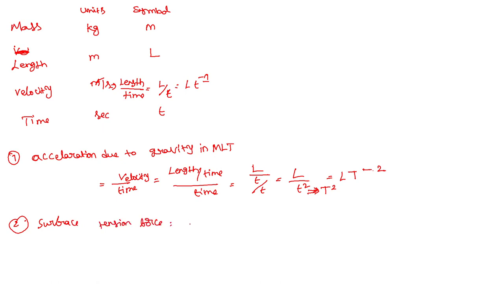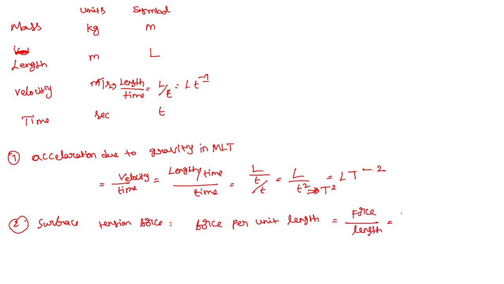Let's say surface tension force. What is surface tension force? It is force per unit length. These are the basics from class 6, class 7. So how can we write force per length?